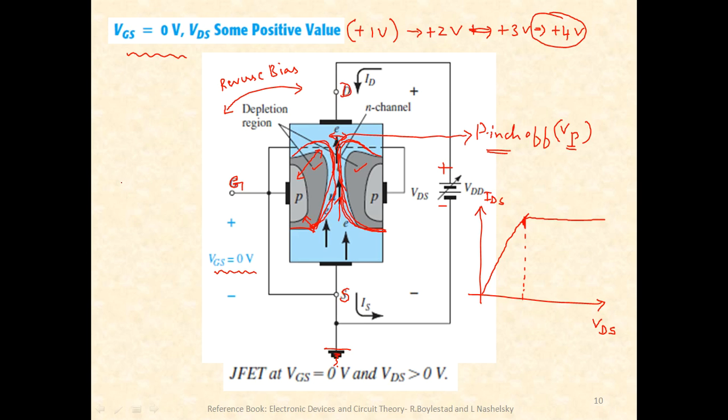See, at the stage when the current is increasing linearly, the channel resistance will also be increasing, so that the current faces a repulsive force. But after pinch off, which is VP, I'll draw the depletion region, how it actually appears. So this is how the depletion region appears.